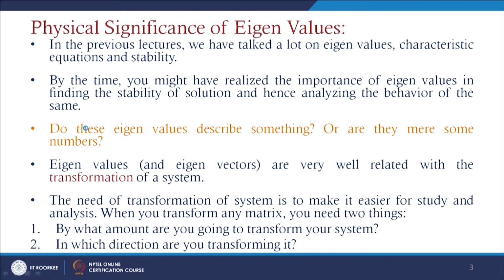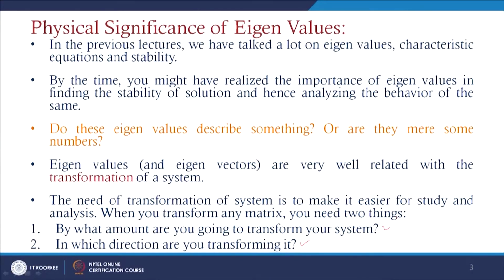The need for transforming a system is to make it easier to study and analyze. When you transform any matrix, you need two things: by what amount you are going to transform your system, and in which direction you are transforming. If you consider these two points, then we can study the behavior of the system represented in the form of a matrix.